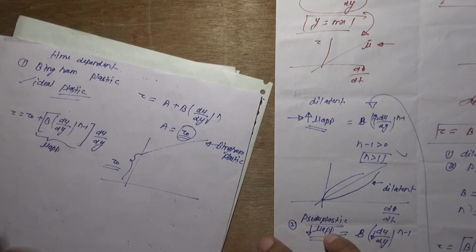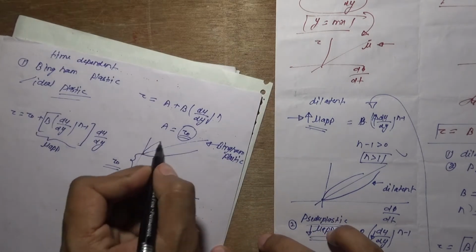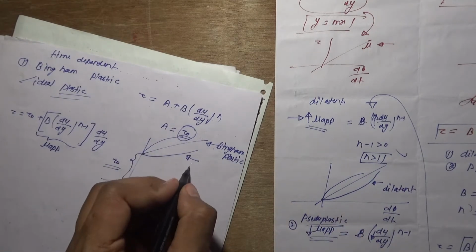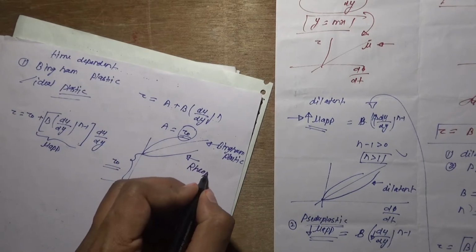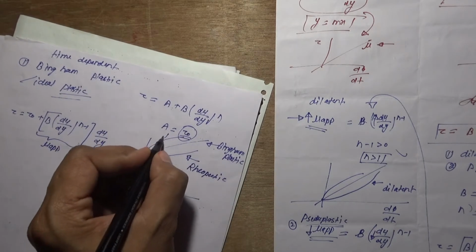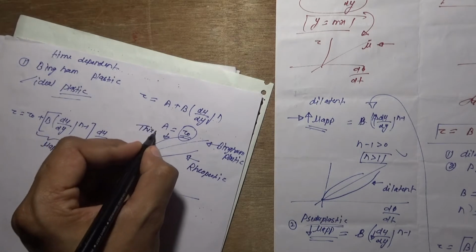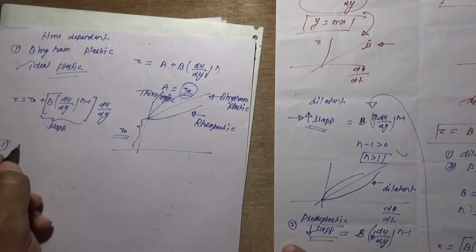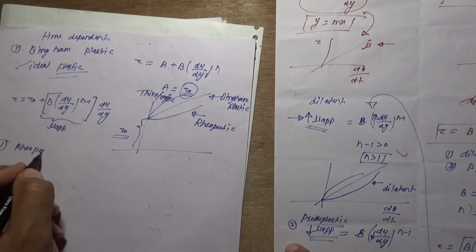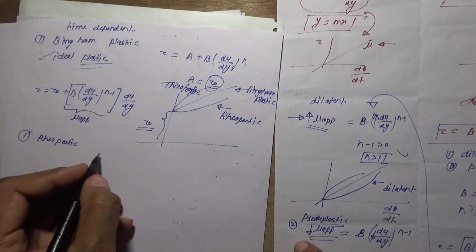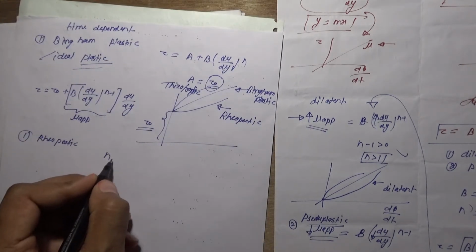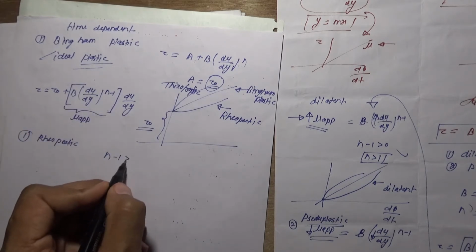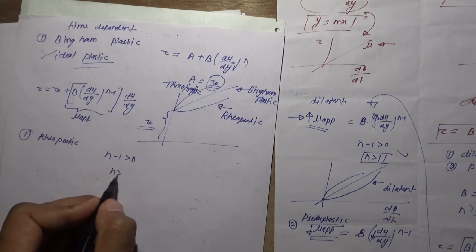So the next case for the same fluid is known as rheopectic, and this is known as thixotropic. For the same case, if we take rheopectic and take this equation, then n minus 1 will be greater than 0, so n will be greater than 1.